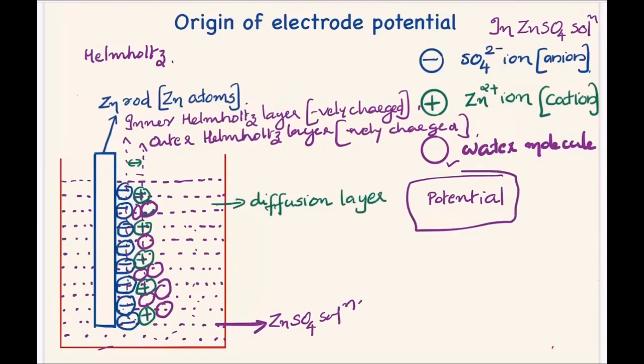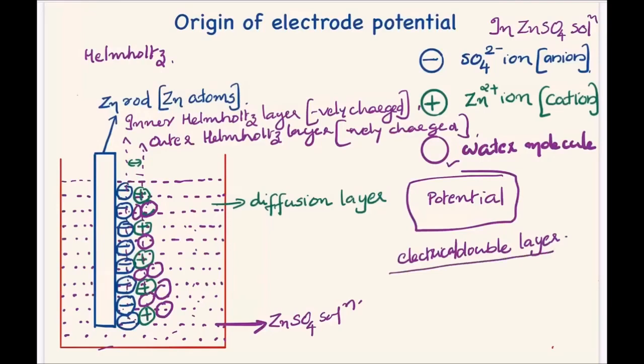So this potential is due to two differently charged layers. So there is a double layer, and this double layer is due to their different charge. So we give a name for these layers as electrical double layer.